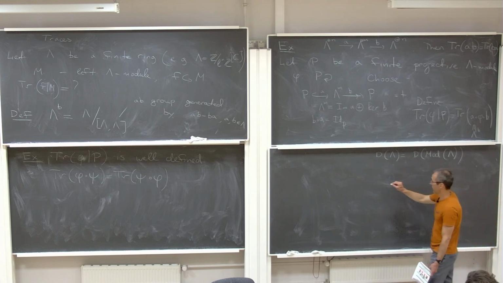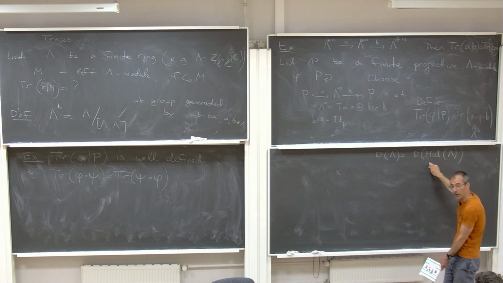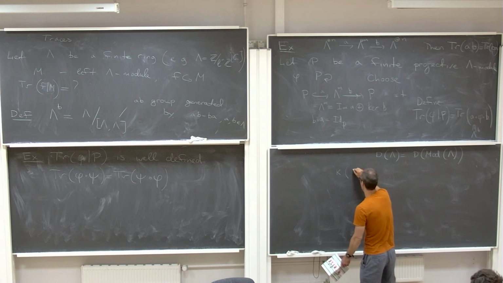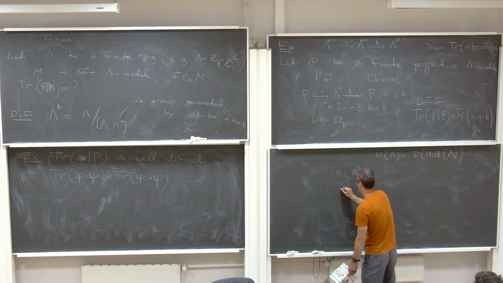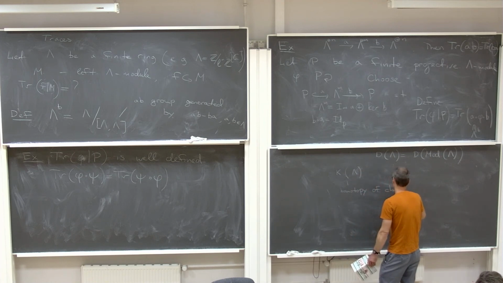By definition of the derived category of an abelian category, it's a quotient of the homotopy category of chain complexes.